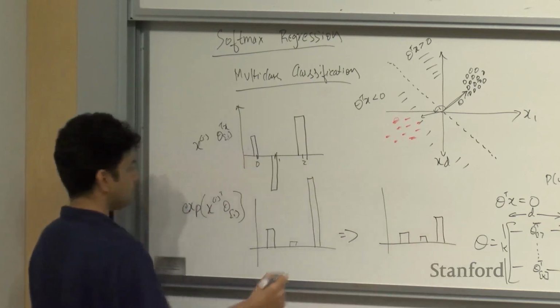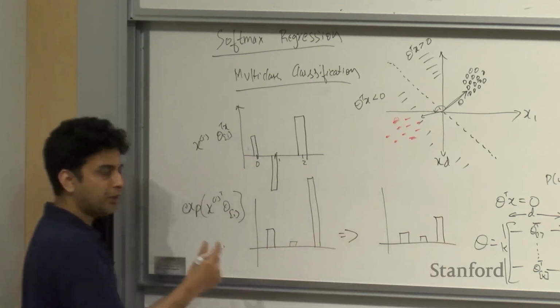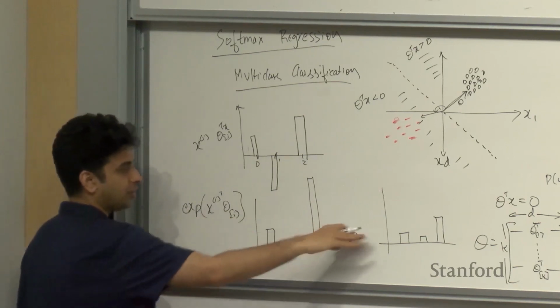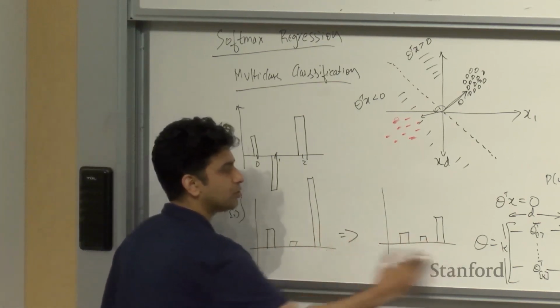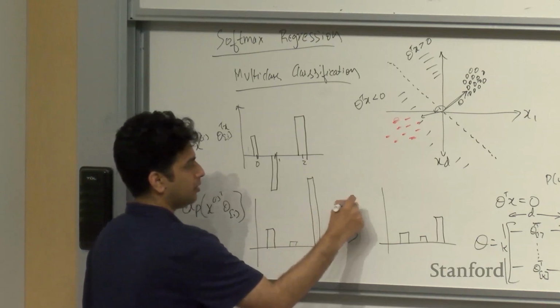And how do we normalize it? By dividing it by the integral if this was continuous. In the case of discrete, you sum them up and divide them, right?